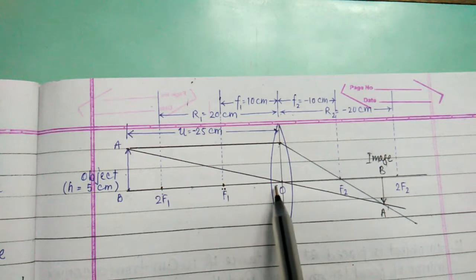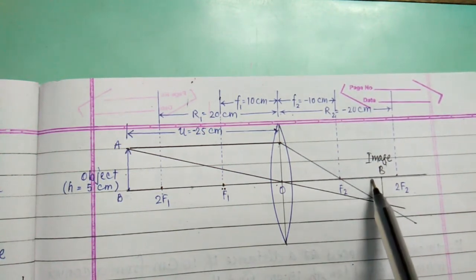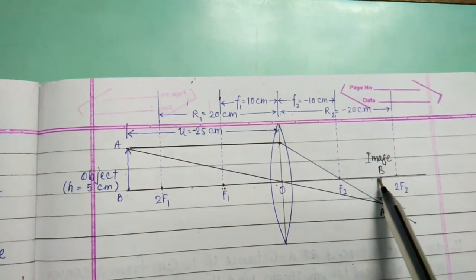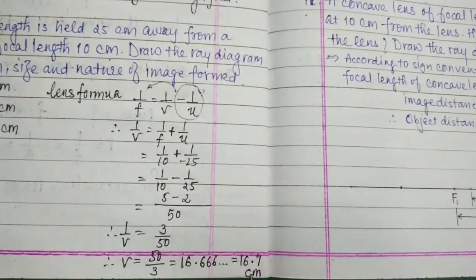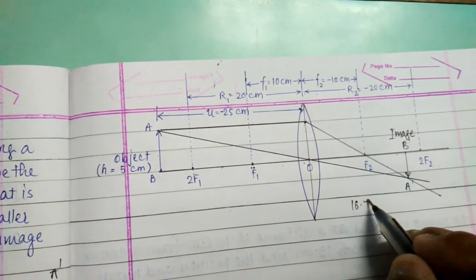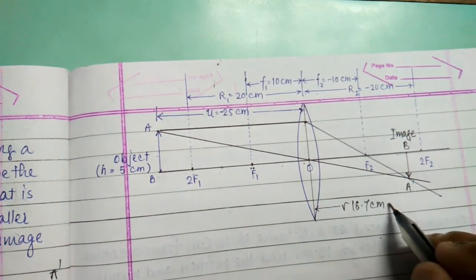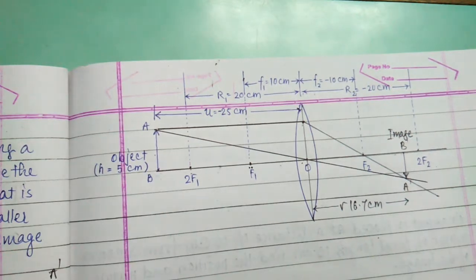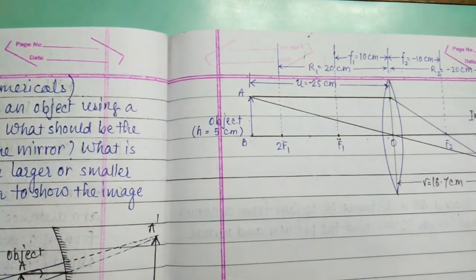So total is 25. Now it is more than 15, between 16 and 17. It means we have our answer, approximately 16.7 centimeter. It is V.